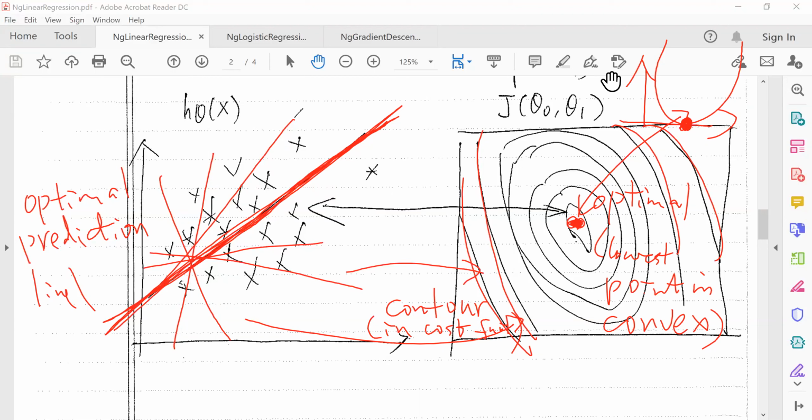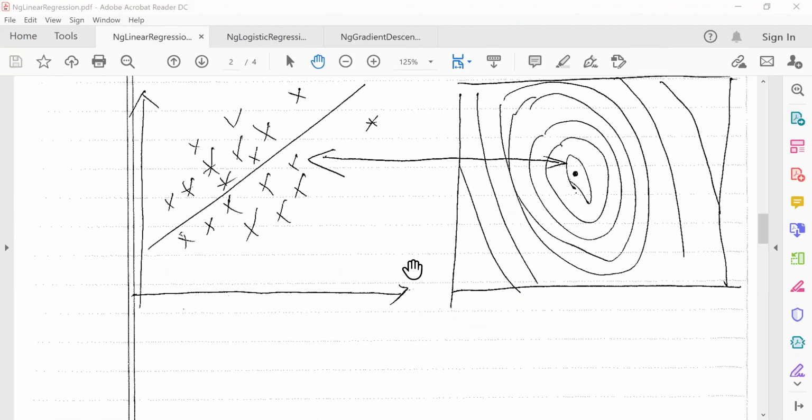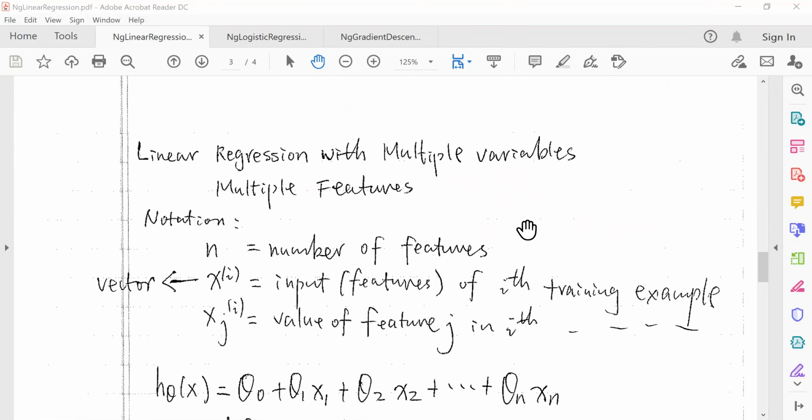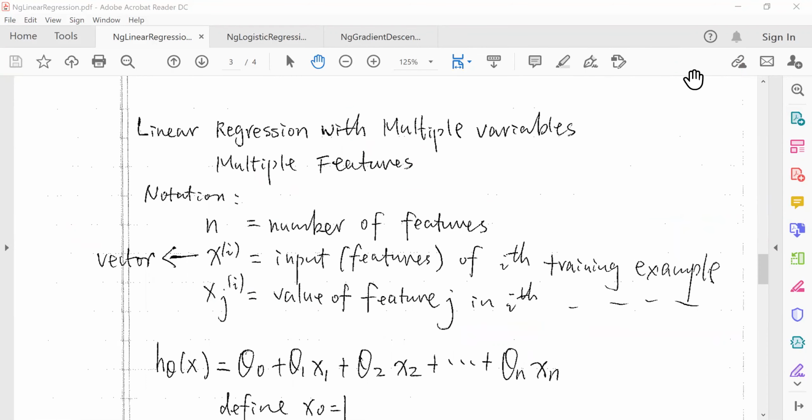Of course, this does not exactly match your sample points, but it gives the minimum summation of the errors. So that's the whole point here. The previous one we discussed is linear regression with a single variable.